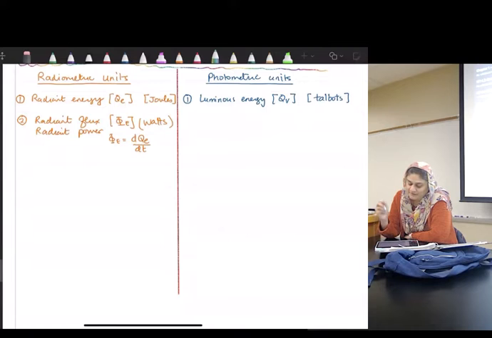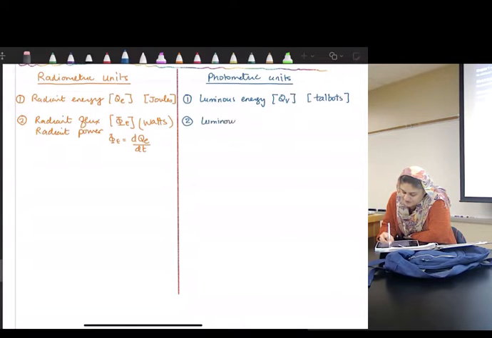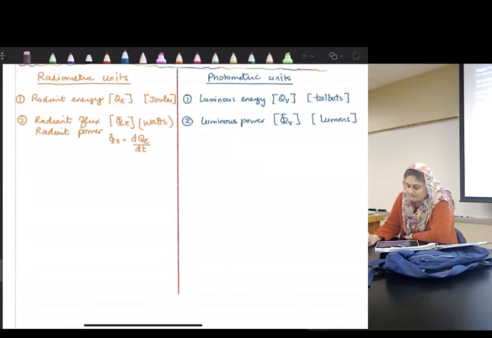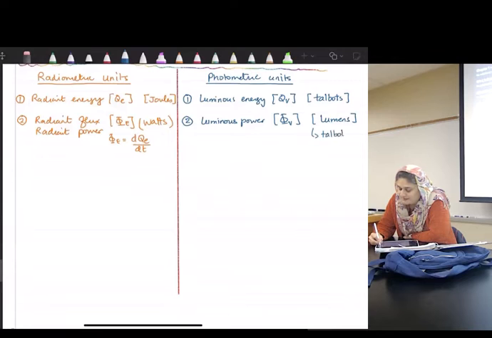So the equivalent photometric unit is called luminous power, whose symbol is phi V and whose unit is lumens, which is also Talbots per second.